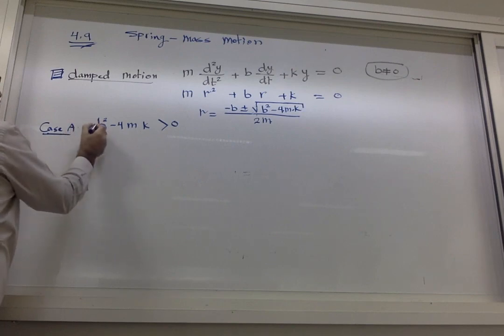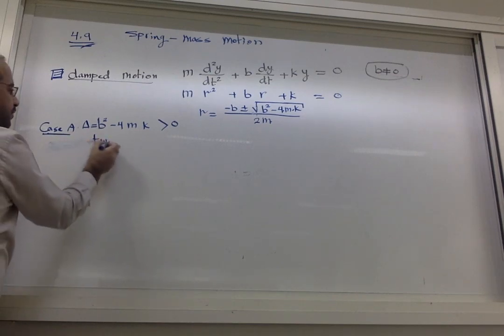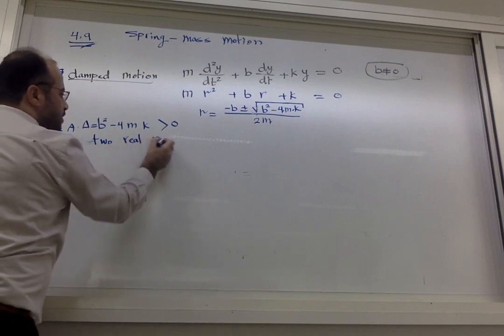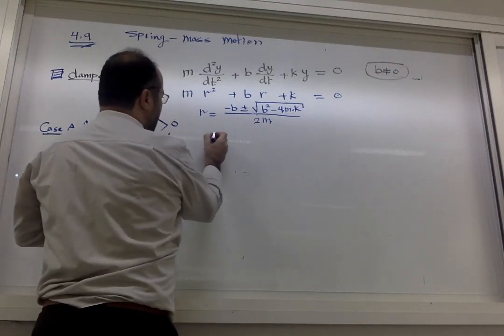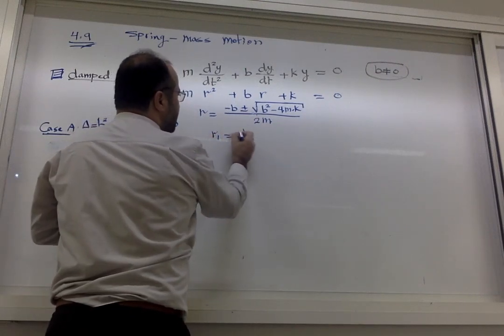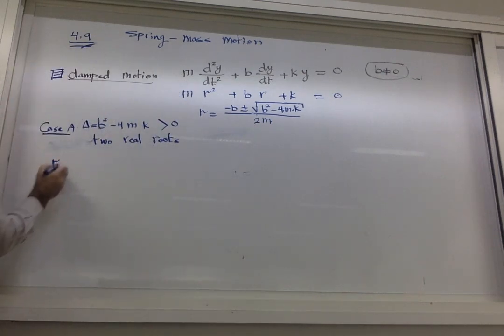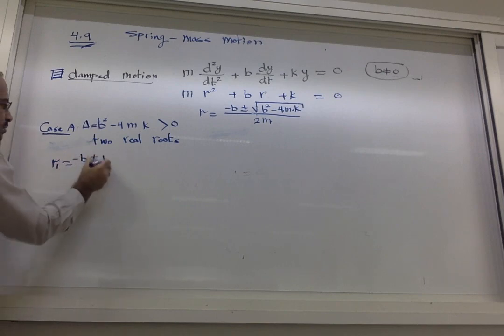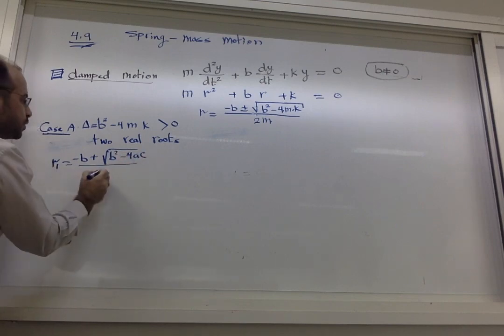Then you're going to have r1 and r2. I said we can call this delta, the discriminant, or D. So we're going to have 2 real roots. When you go for r1, for example, r1 equals minus p plus the square root of p squared minus 4mk over 2m.